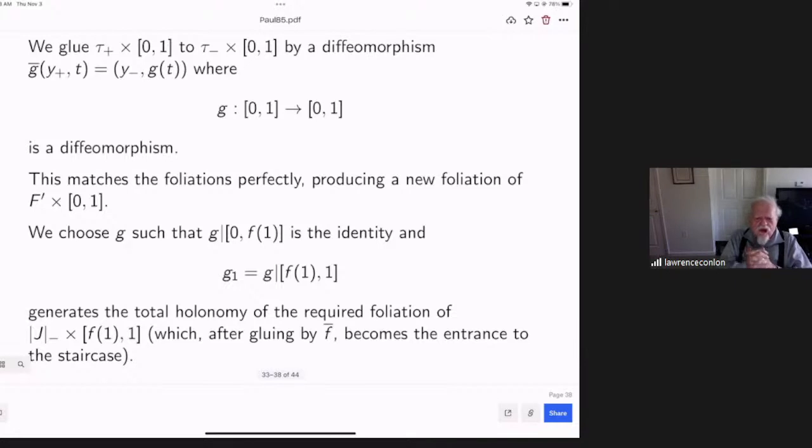And if we choose G to be the identity until you reach the entrance to the staircase, so the identity on the interval 0 to F of 1, and then we have the holonomy we want on the entrance of the staircase, I'm calling it G1, this all fits together. When you glue with F bar, you're just gluing the product parts together. So you get a depth 2 foliation, and it's C infinity.